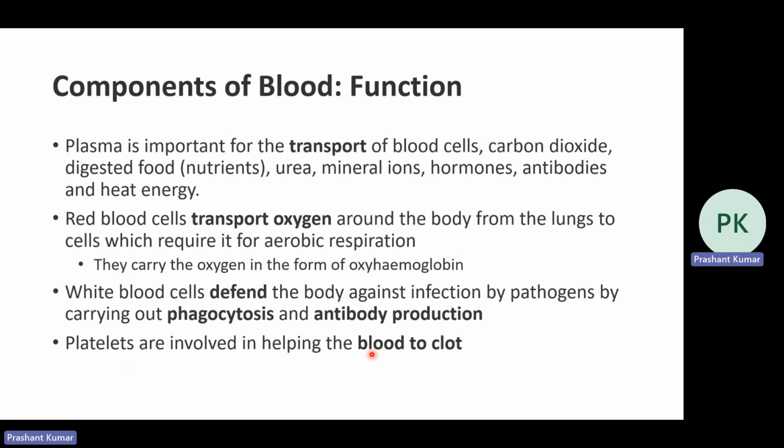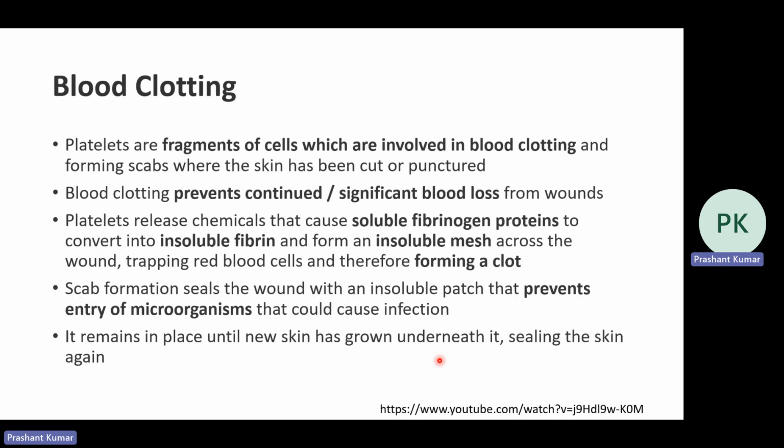Platelets are involved in clotting of the blood. How does blood clotting take place? So the platelets are actually fragments of cells, and this blood clotting process continues until the flow of the blood has stopped.